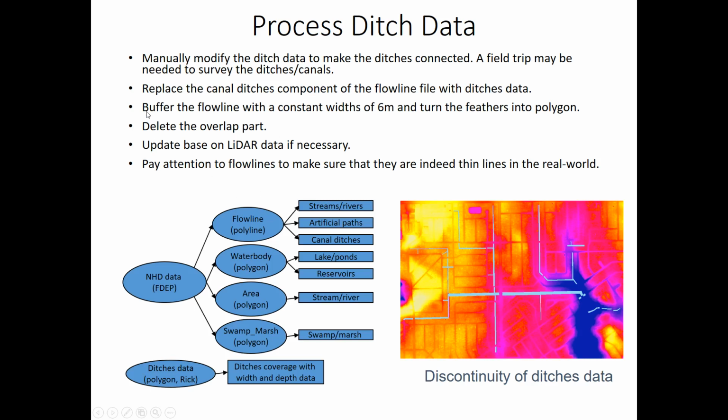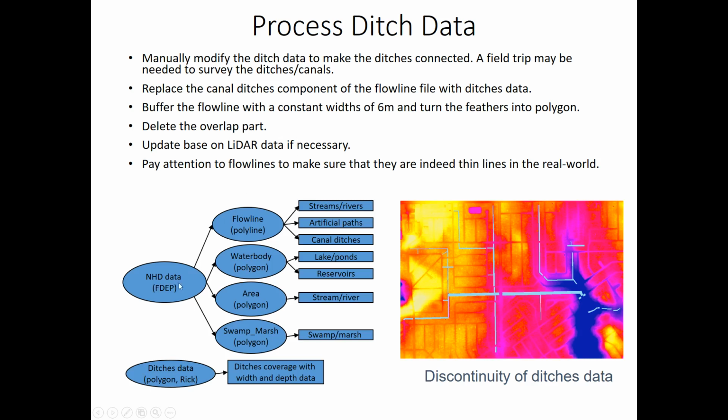And so what we did is we used the buffer function, so that you can create a buffer along a flow line or polyline. Sometimes we use 6 meters for buffering, but this really depends on the site you're working on. And then for any overlap area, you will delete the overlap area in the DEM or NHD data, but you add your new data into your DEM or NHD data.